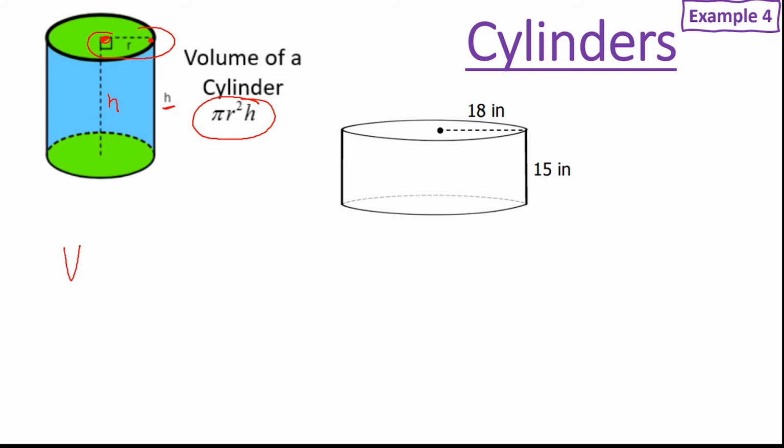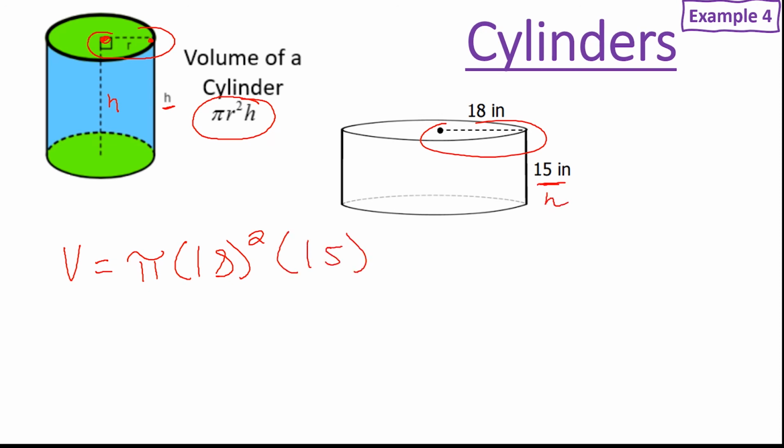So plugging it into this formula, volume equals pi. The radius for this cylinder here is 18, goes from the center to an edge, squared, and h is 15, so it's the height there, and I just multiply that through. So 18 squared is 324 times 15, 4,860 times pi.